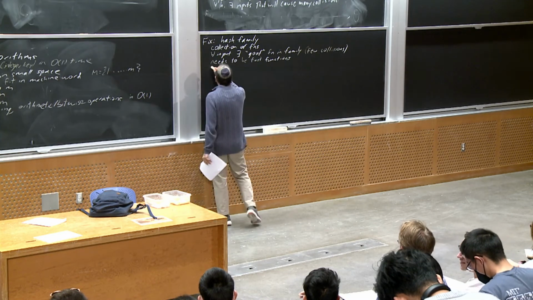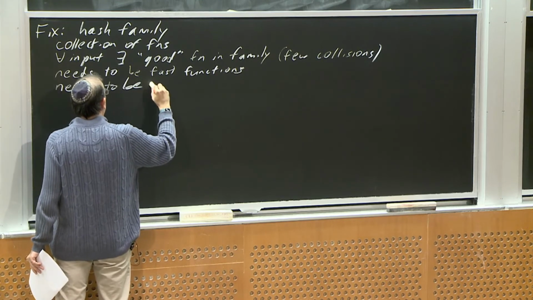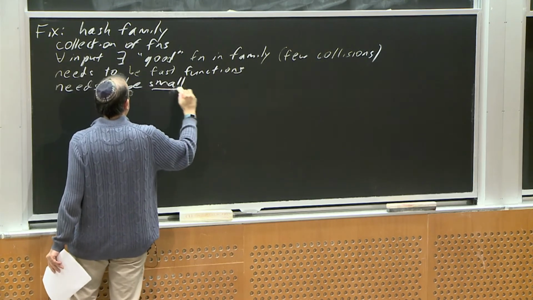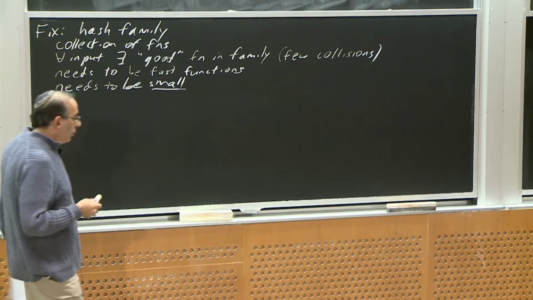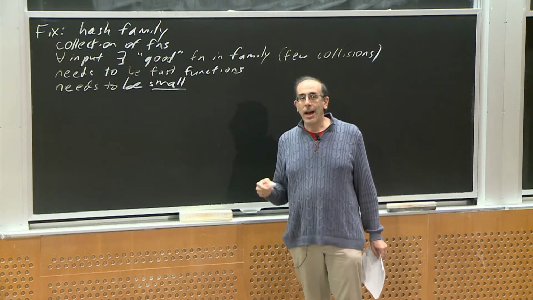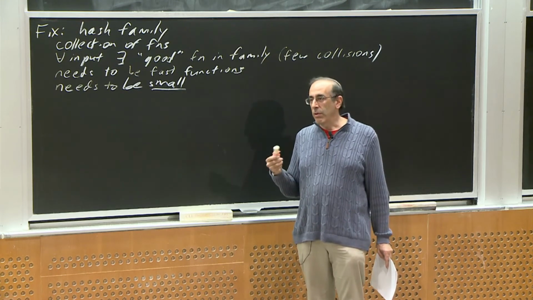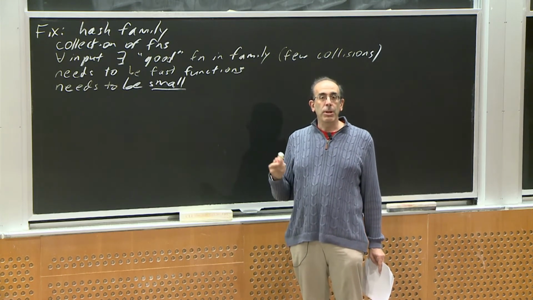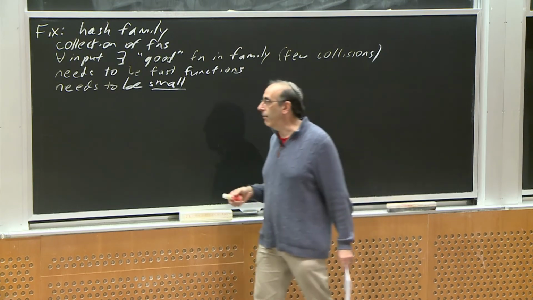Okay? And in fact, if we think about that a little bit more, the hash family needs to be small. So if you are going to be picking a function, the time that it takes you to pick the function is information theoretically going to be proportional to the log of the number of functions that you have.